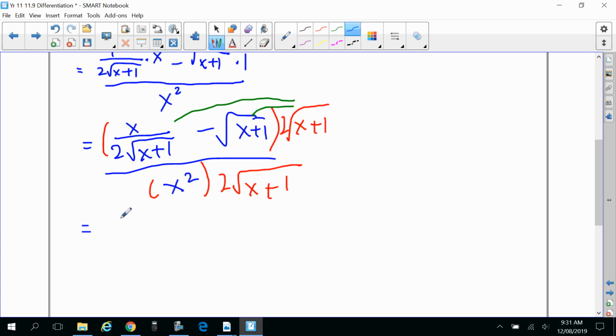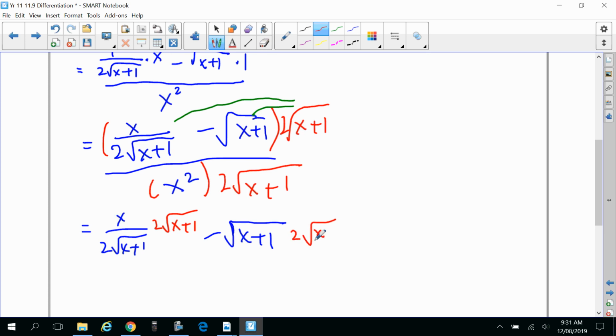So times it, so you got x over 2 root x. Do it slowly. Like this, 2 root x plus 1 minus, right, good. At bottom, no change, just write 2x squared root x plus 1.